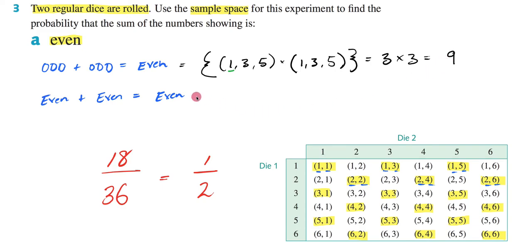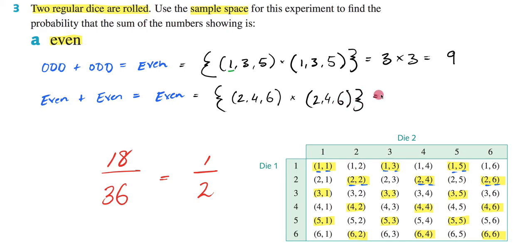We could then come to even and ask what are all the possible even numbers I could get as my first roll? That's going to be 2, 4, and 6. And then as my second roll, I could get 2, 4, and 6 as my only possible even numbers.